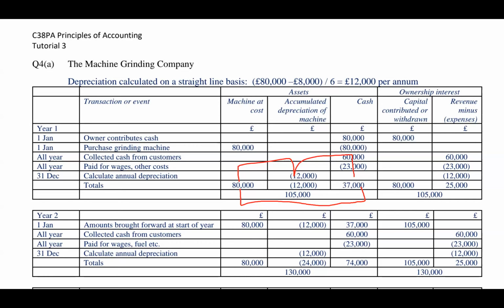So it's 80,000 plus 37,000 minus 12,000, which is the depreciation. That gives you 105. And on this side, we add the capital accumulated plus the profit that has remained. And we have to get the same figure, 105. Any question? No, I'm good, sir.